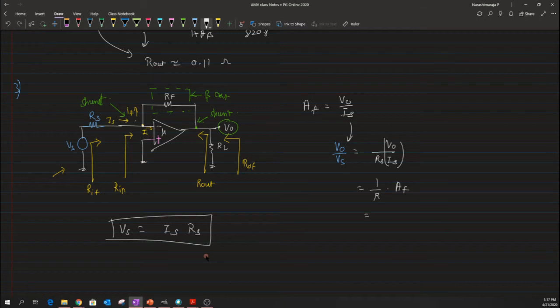The value of AF that we computed was equal to minus 9.99 kilo ohm, and if it is divided by a 1 kilo ohm resistance, the units of ohms cancel, just because it's a voltage by voltage term, and finally we end up having a voltage gain of minus 9.99 volt per volt.